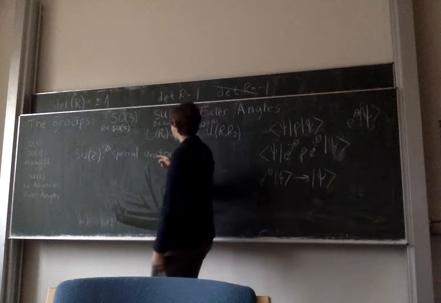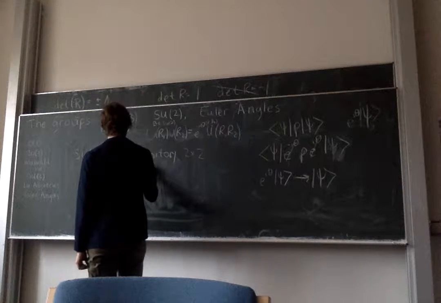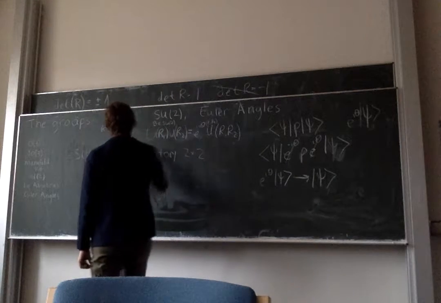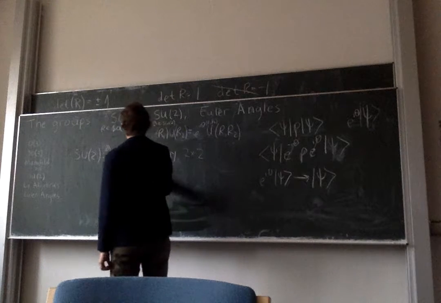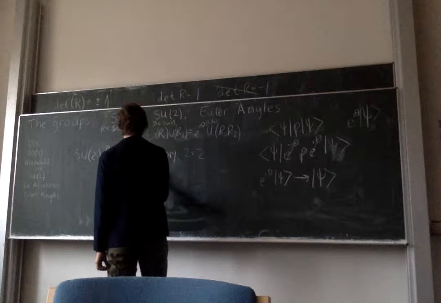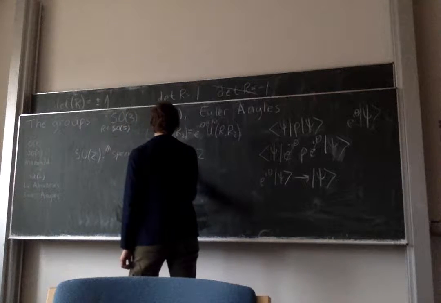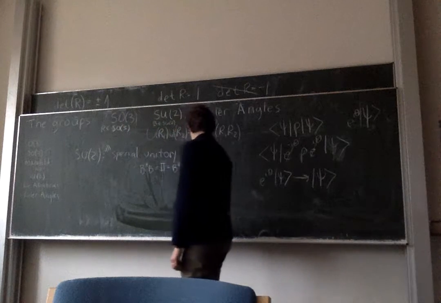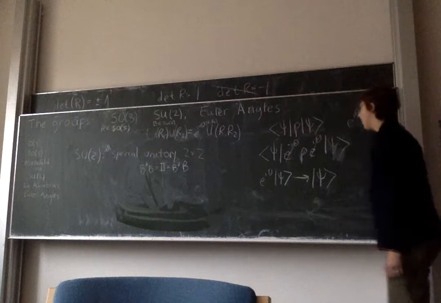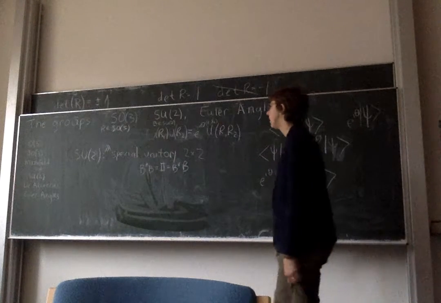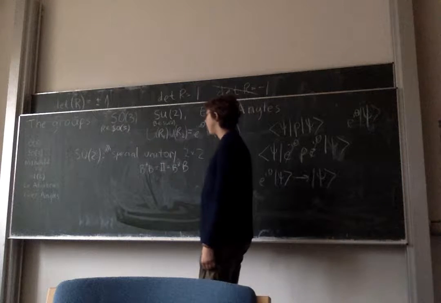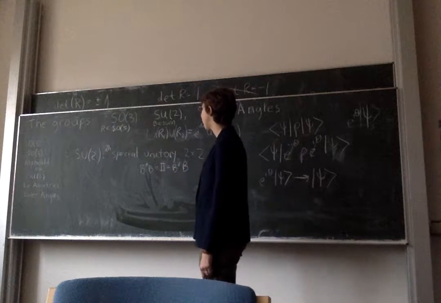Unitary, similar to orthogonal, is some B in SU2 times its transpose conjugate is equal to the identity. This one's also length preserving. It can be seen with the same proof as before because of this fact.